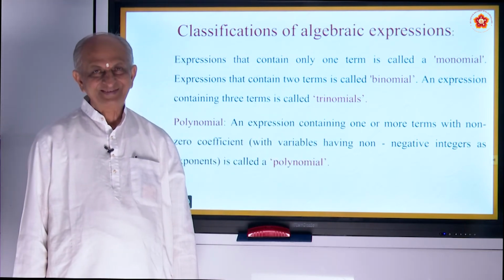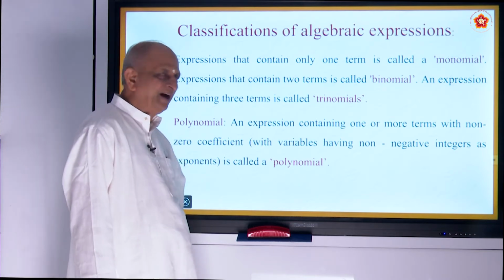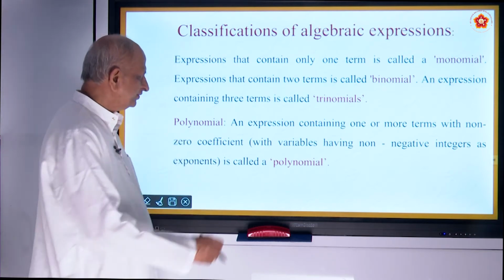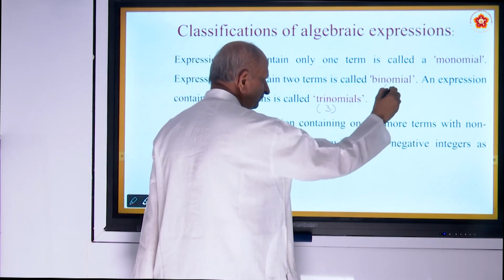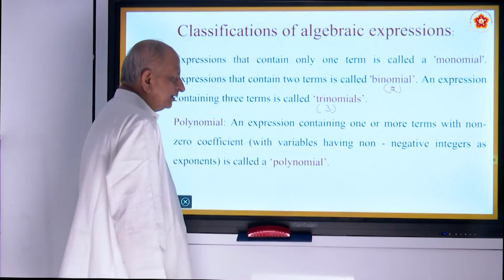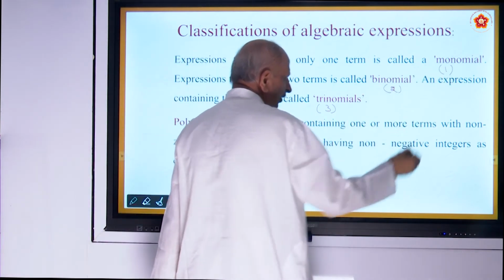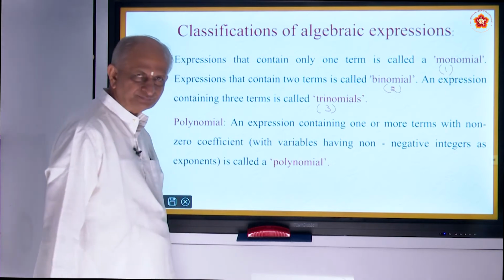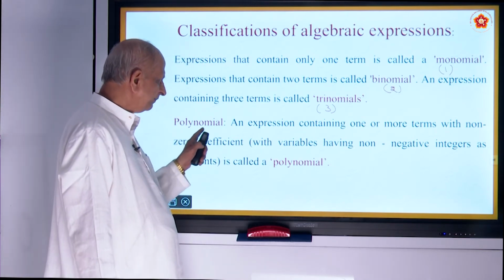Tri means T-R-I, not T-R-Y. Trinomial means three terms. Binomial is two terms, sorry, and monomial is one term. What about four and more? If there are four or more terms, we call it polynomial.